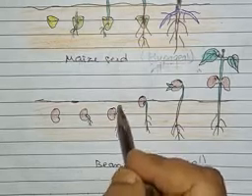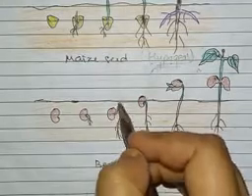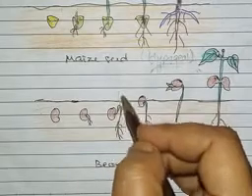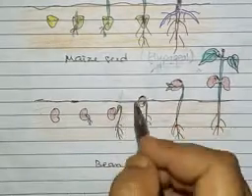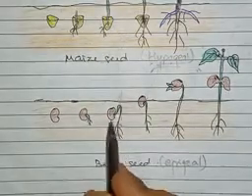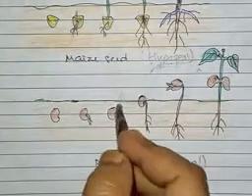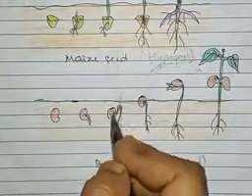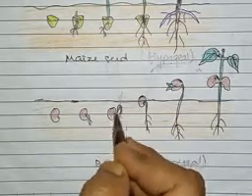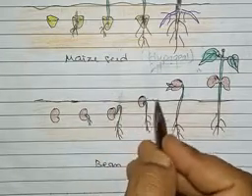And when the hypocotyl grows, it grows in an arched way, carrying the cotyledons along with it out of the soil. You can see in the diagram, the cotyledon is coming out of the soil. So during epigeal germination, the hypocotyl elongates, first of all in an arched way, and second, it carries the cotyledon out of the soil.